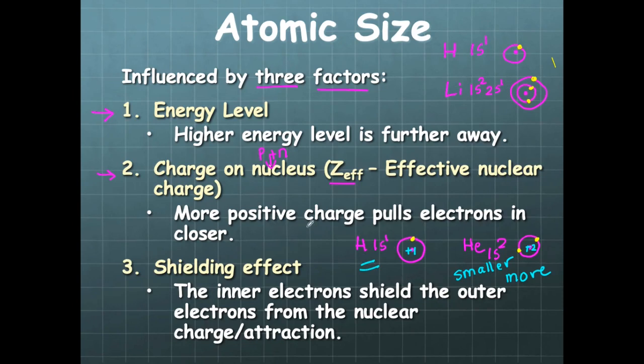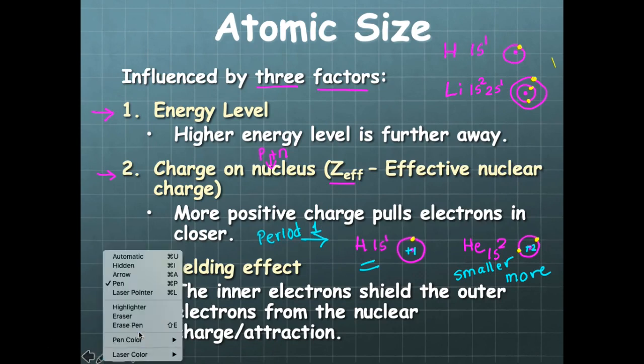More positive charge means more pull on the electrons. Remember, in this example we are comparing helium to hydrogen, and both of them are in period 1.